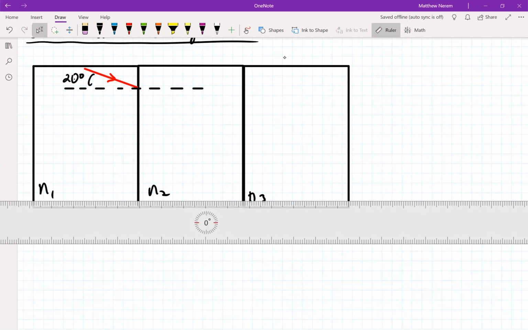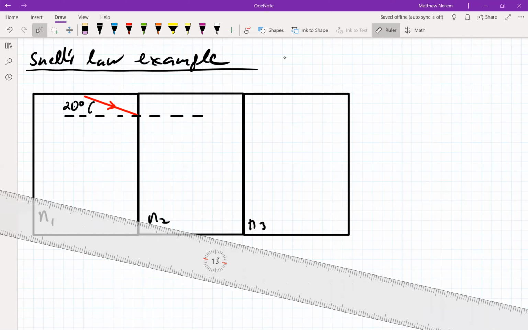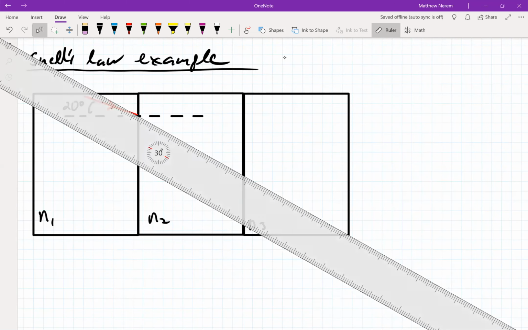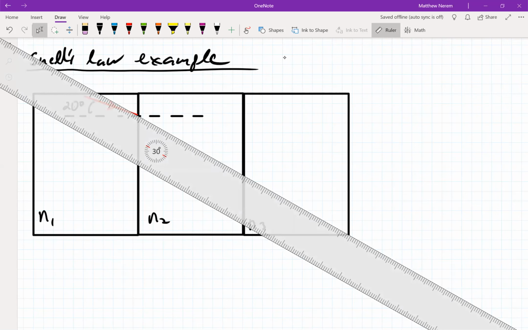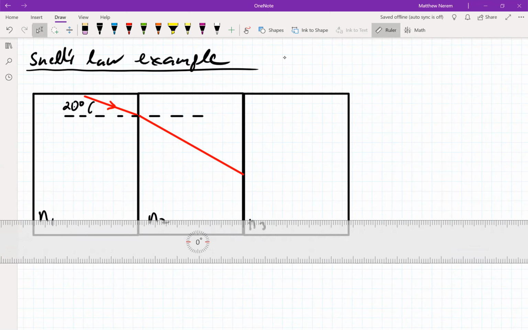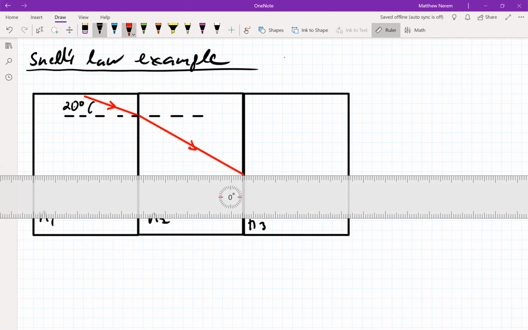That ray is going to refract as it goes from one medium to the next. And for this one, I went for it refracting to 30 degrees. And there's our new normal.